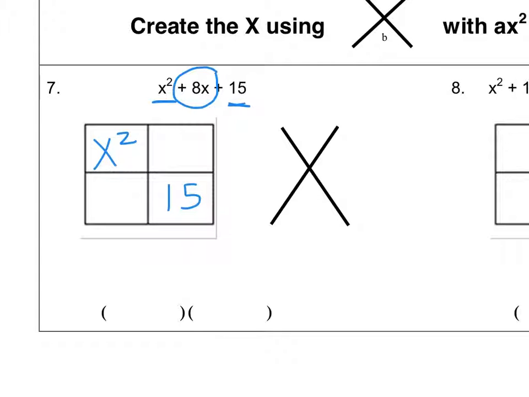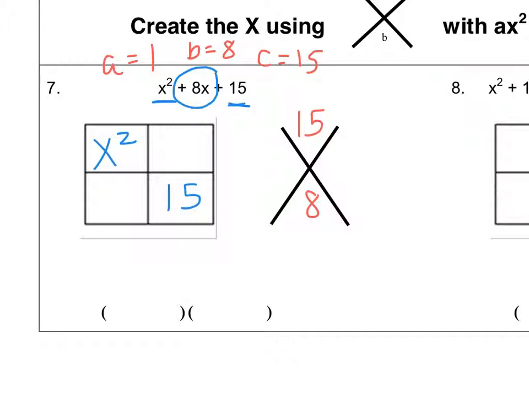So if we look at our equation, our A equals 1, our B equals 8, and our C equals 15. So I've just identified my A, B, and C. And then if you go back and look at the X puzzle, the very top is A times C. So 1 times 15 is 15, and the bottom is 8.